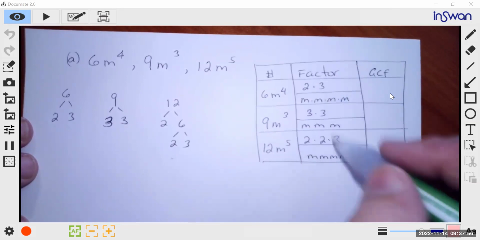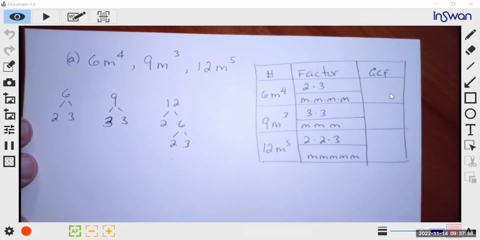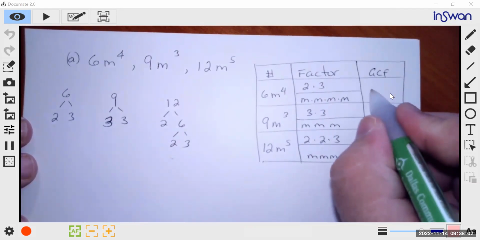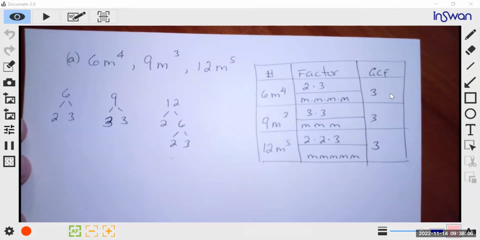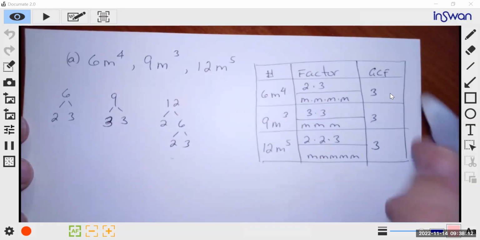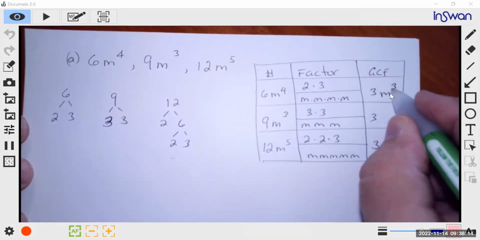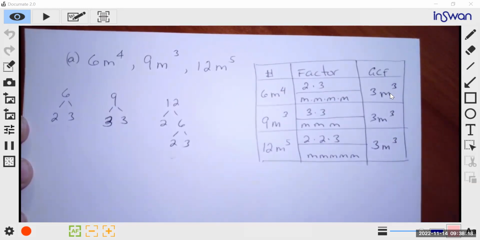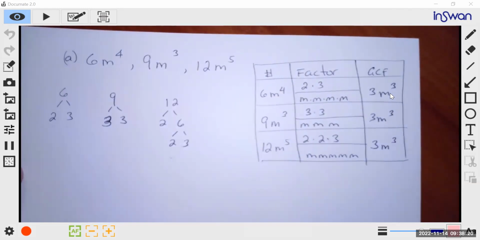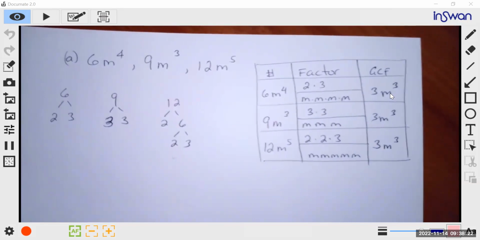What number do they all have in common? They all have a 3 in common. And how many m's do they all have in common? They all have 3. So the variables are the easy part.